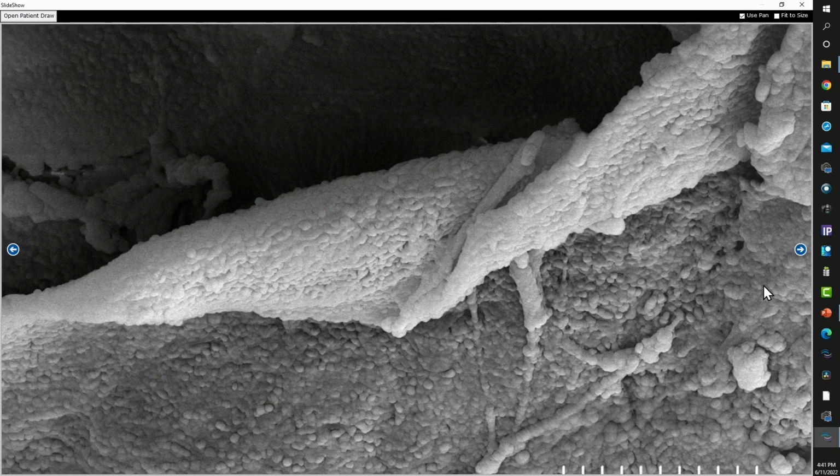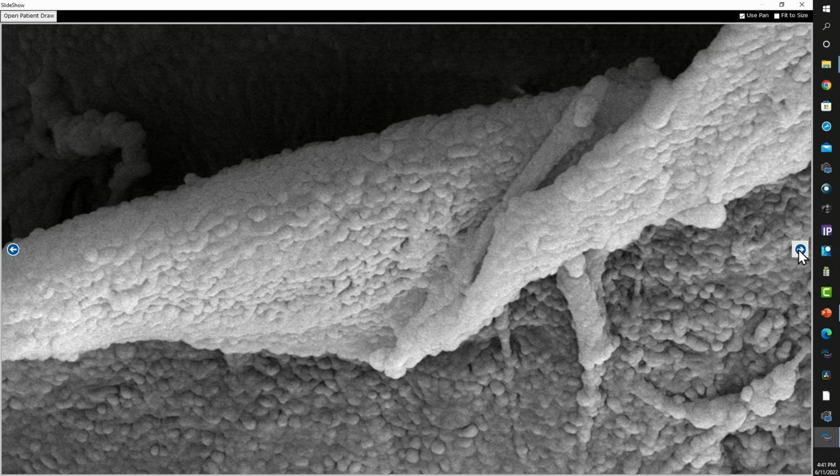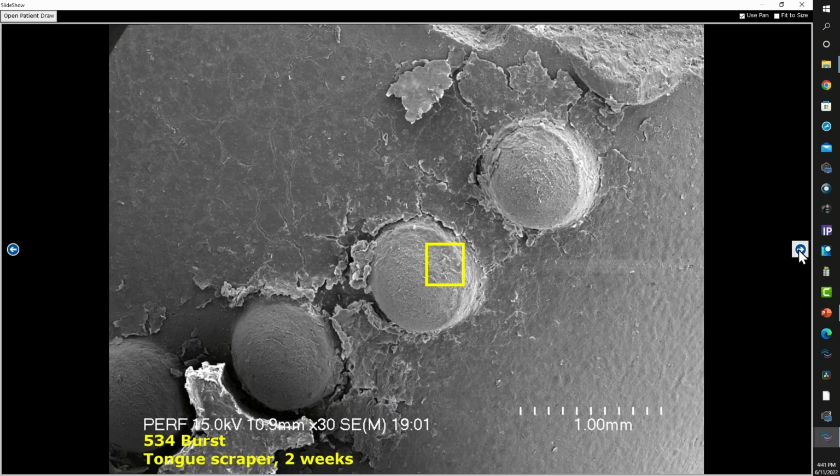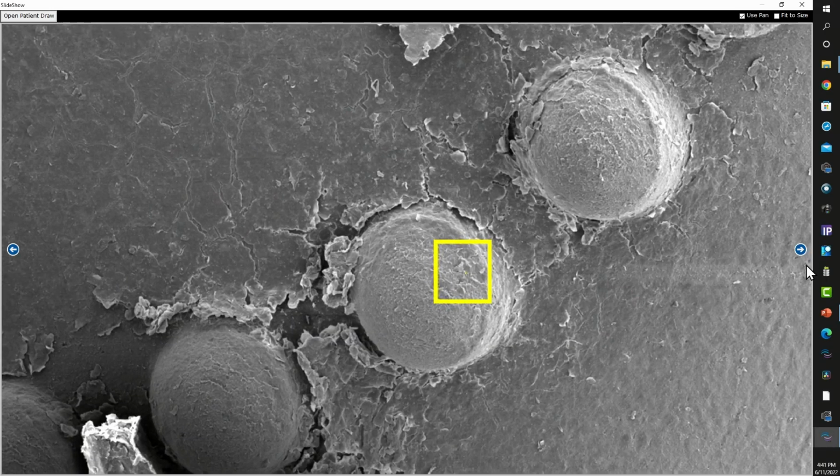Each layer appears to be maybe 6 or 7 cells deep, but there are basically millions of organisms that are completely covering the tongue scraper surface.